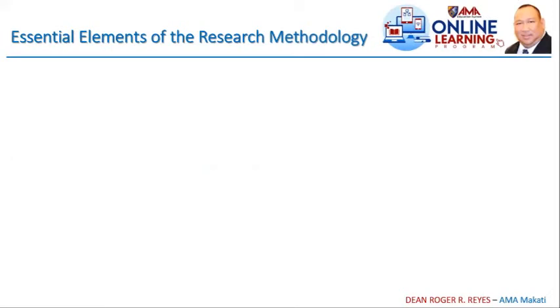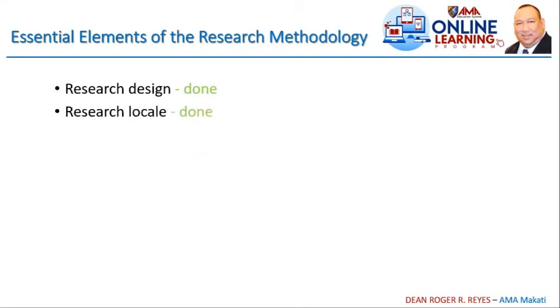Okay, so let us continue the elements of the research methodology for your chapter 3. What we have done so far, we have already discussed research design. And we say that research design could be descriptive, comparative, causal, experimental.